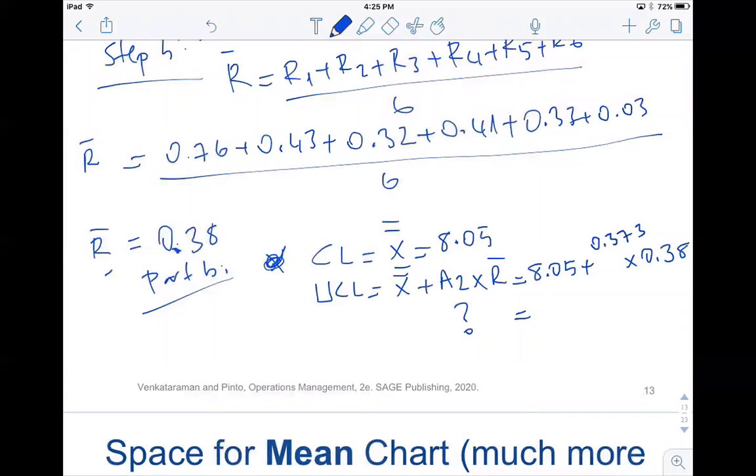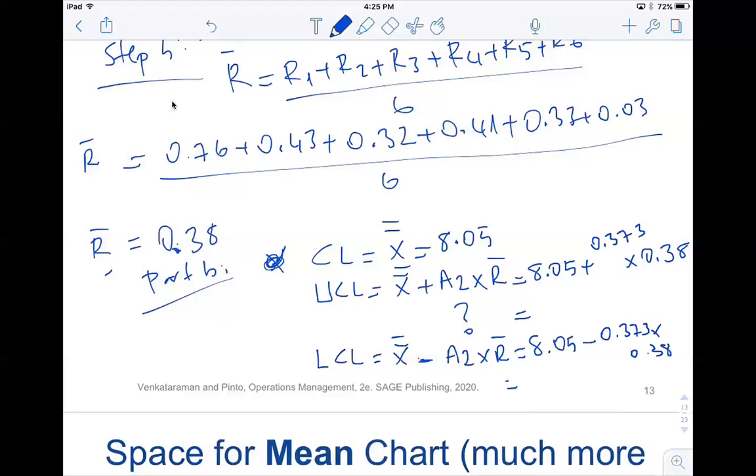All right, let's do the math and calculate this whole UCL value. Well, before we do that, I'm going to write down the formula for LCL. It is the grand mean, not plus, this time it is minus, the same value, A2 times R bar. So once you figure out those parameters, it is easy to calculate the rest.